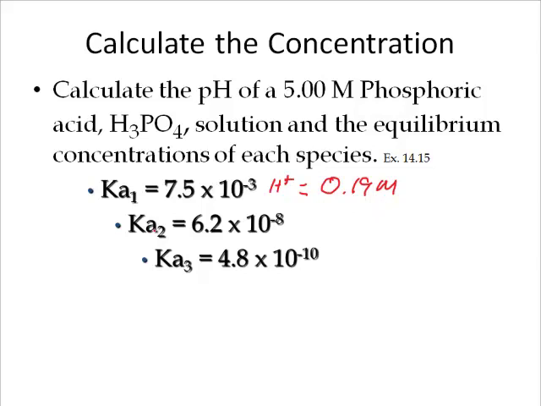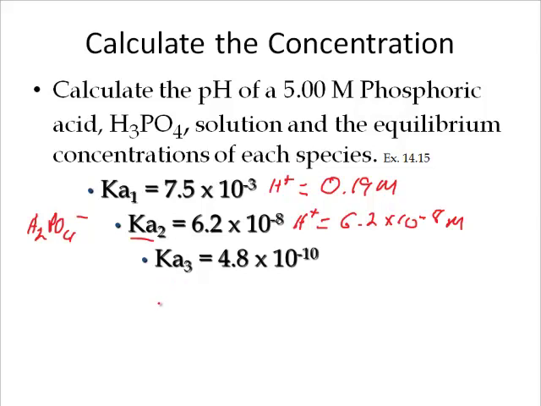But now when we take the H2PO4 minus, dihydrogen phosphate, and that goes through its dissociation, and that's what this Ka2 is, the H plus concentration that we get from that is 6.2 times 10 to the negative 8th molar, which is incredibly small compared to that one.